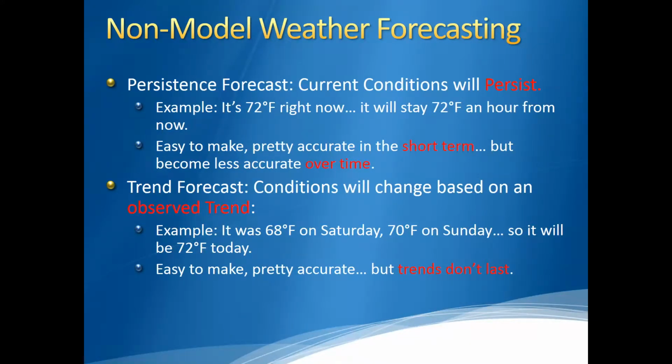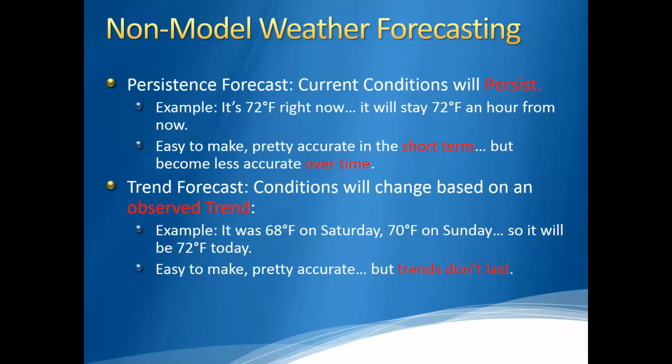Now, to make slight improvements on that, rather than assuming that the current conditions are going to persist, we can assume that a current trend is going to persist. And this is what's called a trend forecast. In the case of a trend forecast, you identify a current trend and you assume that that current trend is going to continue to apply.